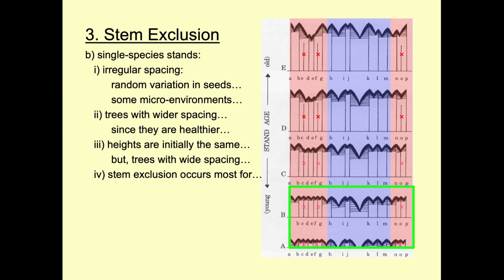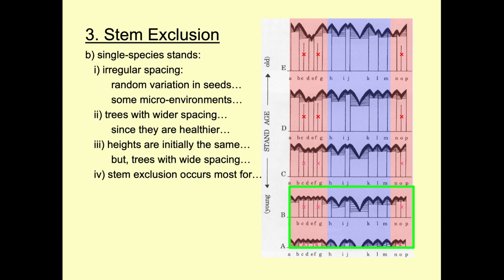Some areas are going to be more favorable, like having higher soil fertility. Areas with higher soil fertility are going to experience greater seed germination and seed establishment. So trees, when they are grown with more room in between them, they're going to have wider canopies than those with less room.